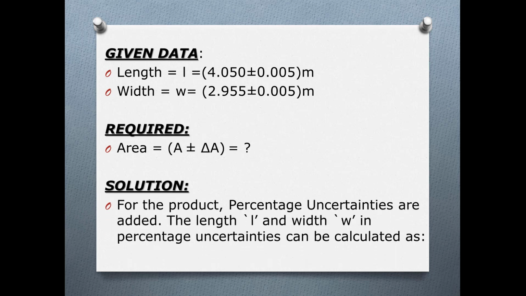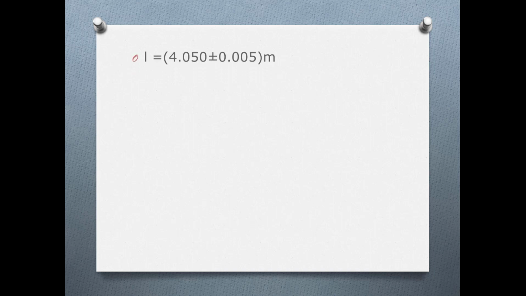In the solution, we can say for the product, percentage uncertainties are added. We already know that if we are solving product questions, we will first find the percentage uncertainties and then we will add those percentage uncertainties. So length and width in percentage uncertainties can be calculated as follows.